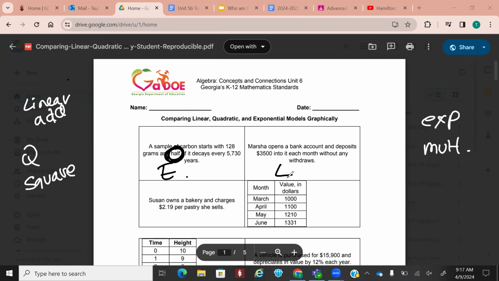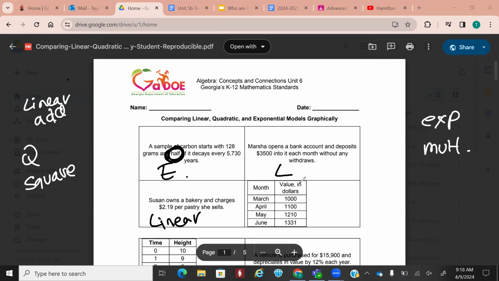This next one is trying to trip you up. Don't let it. Susan owns a bakery and charges $2.19 per pastry she sells. Is that adding, squaring, or multiplying? Adding, okay? So each time she does $2.19, multiplies it by how many pastries she's got, and that's adding to it.